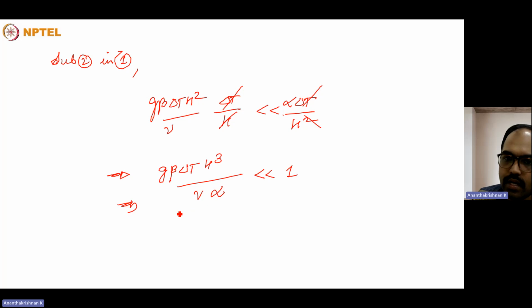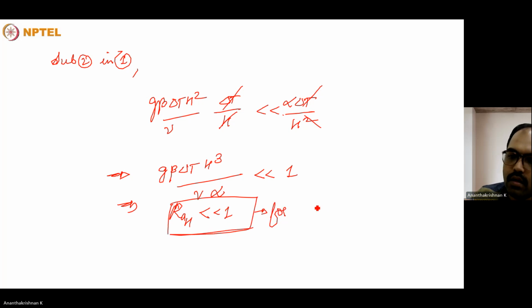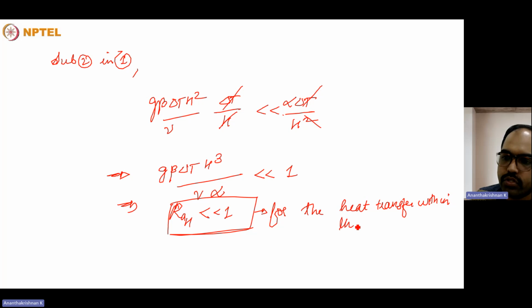This is the formula of the Rayleigh number. So the Rayleigh number with respect to h should be less than 1 for the heat transfer within the enclosure to be dominated by conduction.